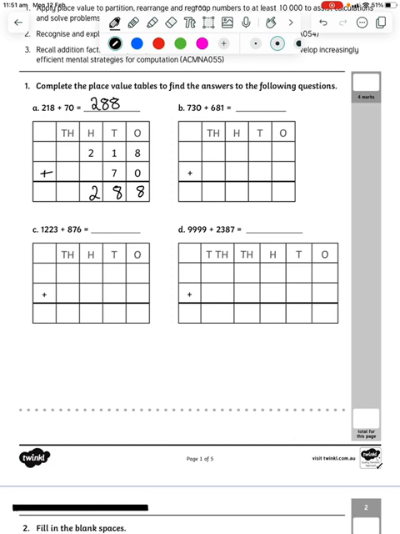This next one we need to fill it out ourselves. So 730, so we're going to start in our hundreds column and work our way back to the ones, plus 681, again starting in our hundreds column. 0 plus 1 is 1. 3 plus 8 is 11. So if we get to 10 or bigger, we're going to take that last number, which in this case is a 1, and then whatever the first number is, we're going to carry it over.